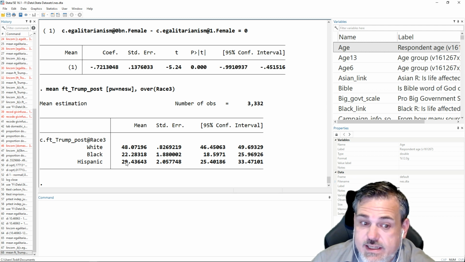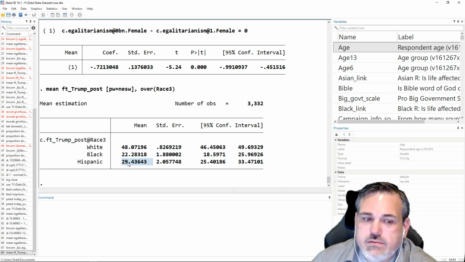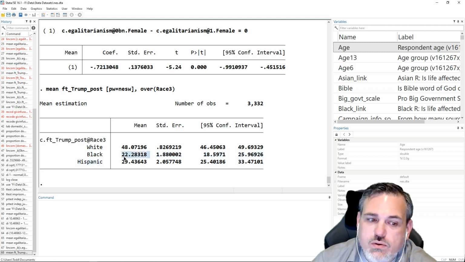Before we even estimate this, we can see that the 95% confidence interval for black ranges from 18.5 to 25.9, and the score for Hispanic is 29. The confidence interval for Hispanic starts at 25, and the score for black is 22.